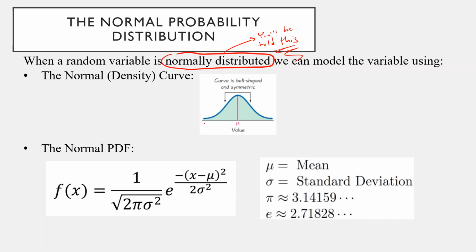It's just this bell-shaped curve, and the important thing about it is it's centered at the mean mu.